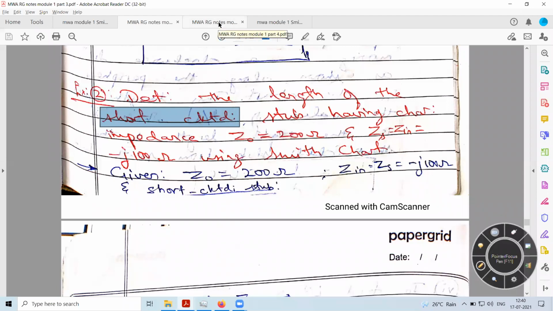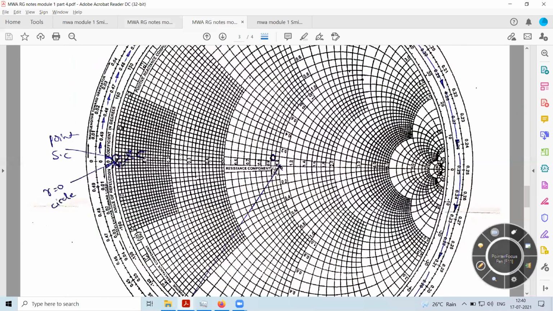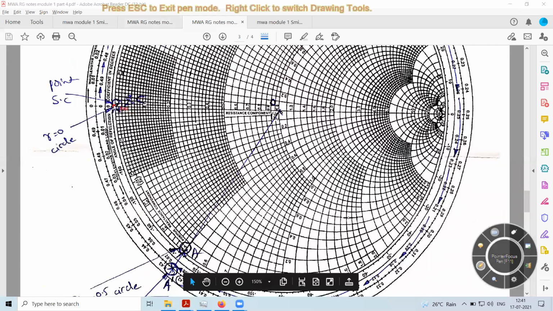So if that is the case, what is the length of this short circuited stub? The load is associated with this point and the input is associated with this point, which gives you the generator end.